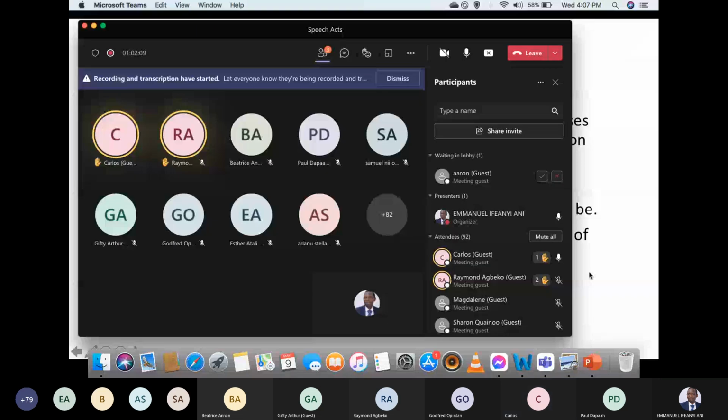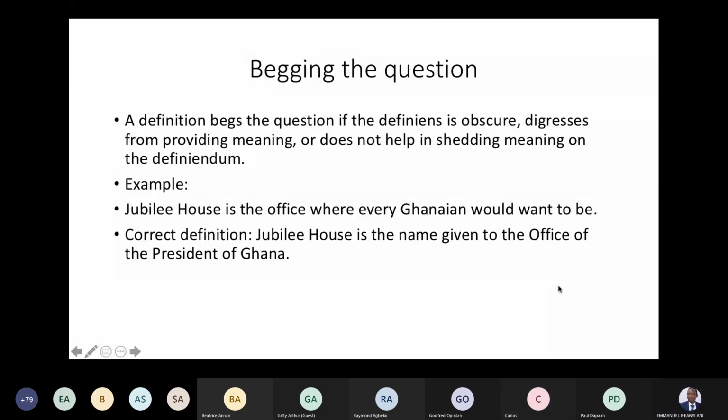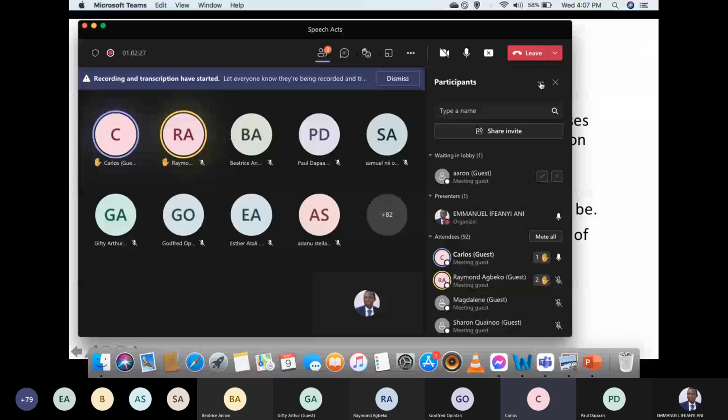Sir, per this Jubilee House example, can we also say that it is a too narrow definition? Yeah, explain. Too narrow in the sense that it is not clearly explaining what Jubilee House actually means.